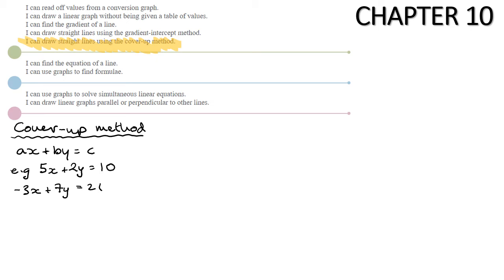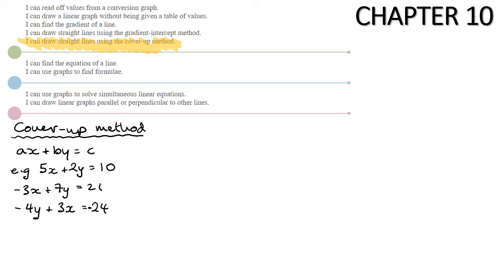Or it might even be the other way around, where you have something like negative 4y plus 3x equals 24, or maybe even negative 24. Can you see the pattern that these ones make? This is where we'd use the cover-up method.